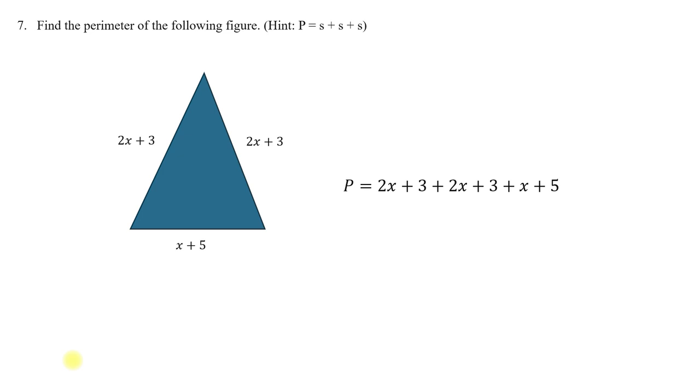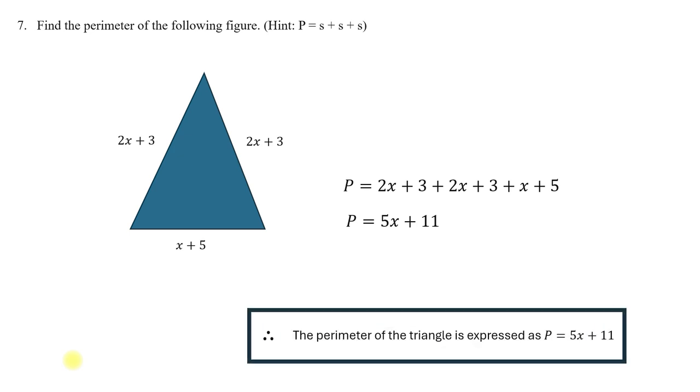At this point, all we need to do is collect the like terms. 2x plus 2x plus x gives us 5x. 3 plus 3 plus 5 gives us 11. So we can express the perimeter of this triangle as perimeter equals 5x plus 11.